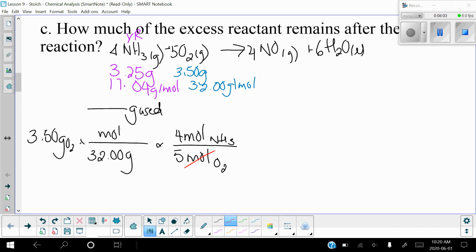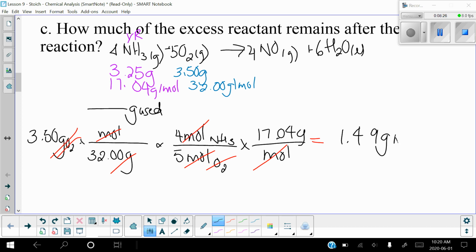Moles cancels out with moles, grams cancels out with grams, oxygen and oxygen. Then from here, we use molar mass to convert it into grams. So now moles cancels out with moles, and I'm left with grams. Calculate that out. You get an answer of 1.49 grams of ammonia. So this is actually how much was used or consumed in the reaction.